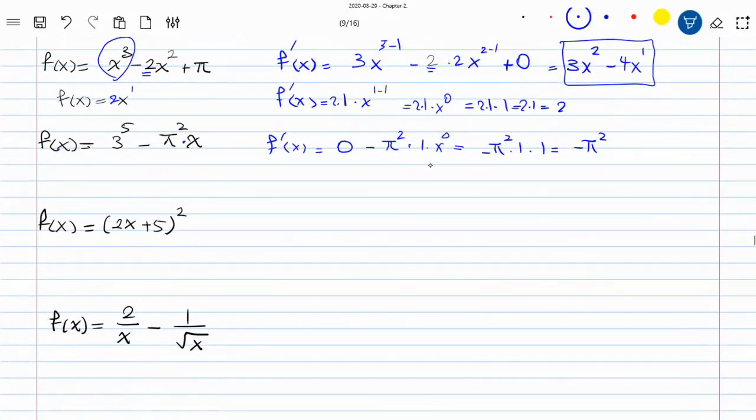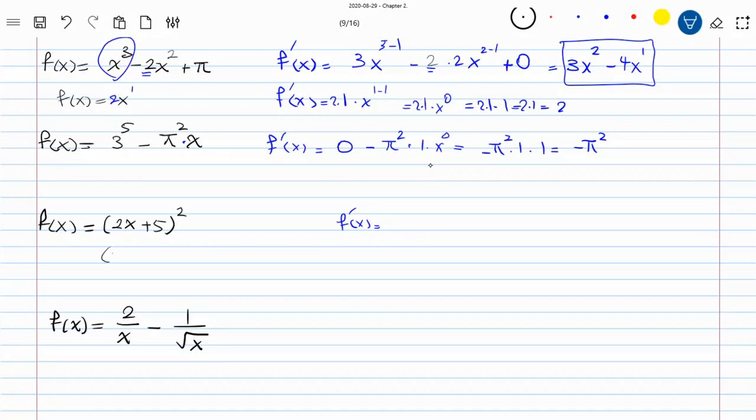Okay. How about the next example? What is the derivative of this function? F prime x. Here's what you should be careful. This is a power 2, but it's not simply x to some power. So there are multiple ways to deal with this.